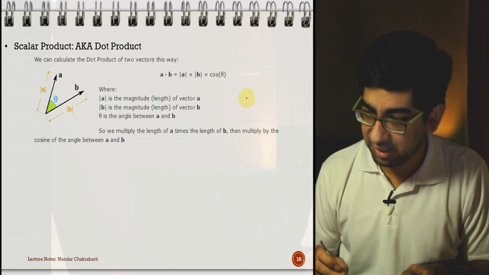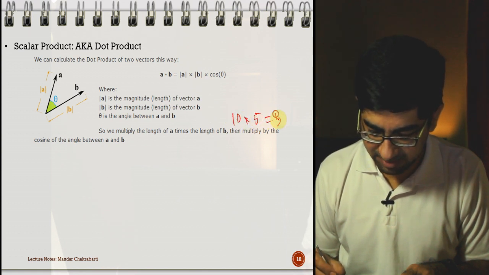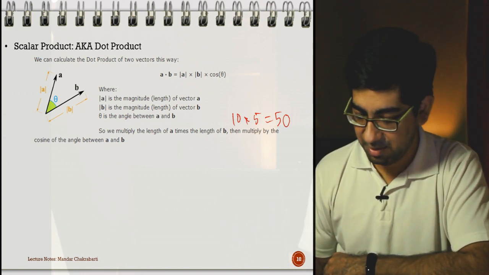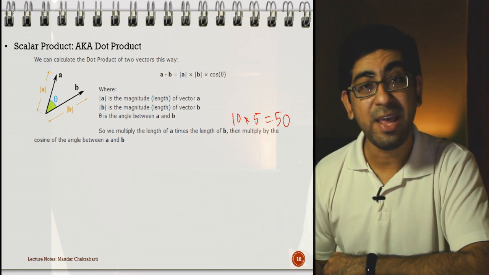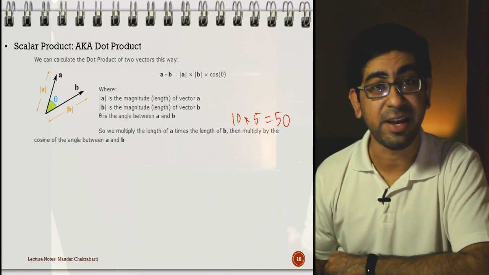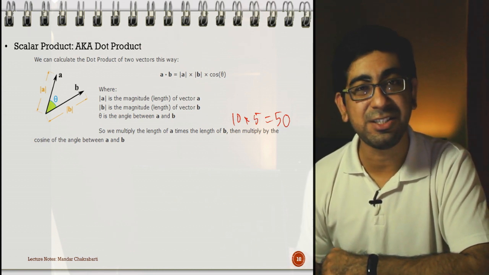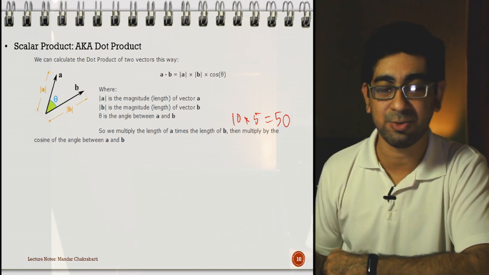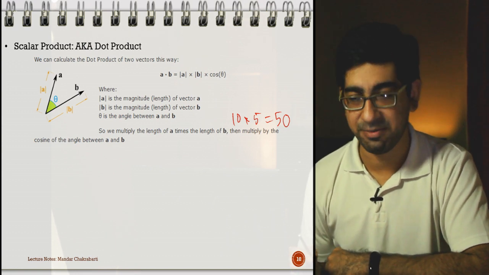Say, for example, I consider 10 into 5, and I say the result is 50. But when I am dealing with vectors, since we have two different directions associated, it is not as easy as simply 10 into 5.